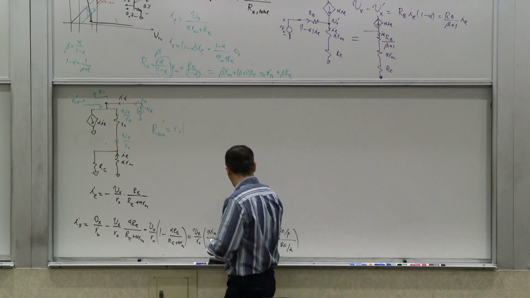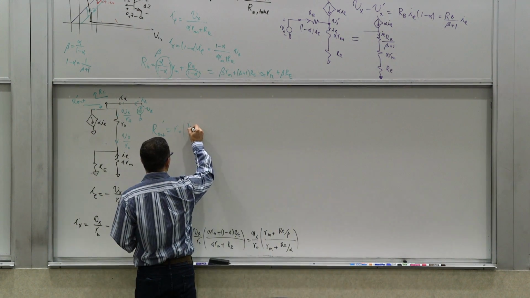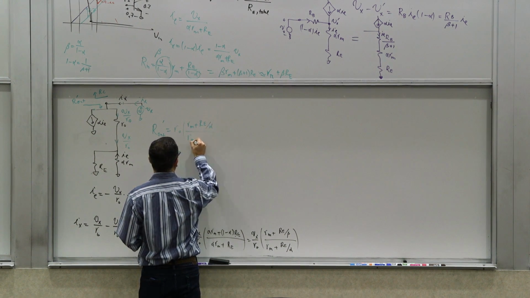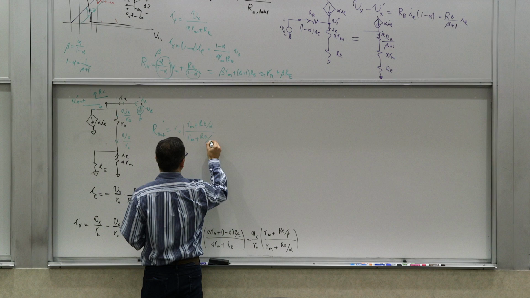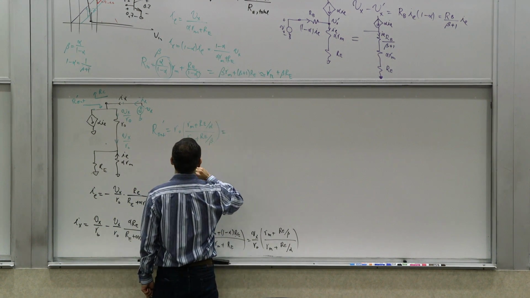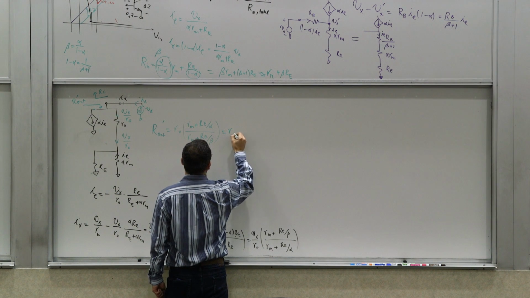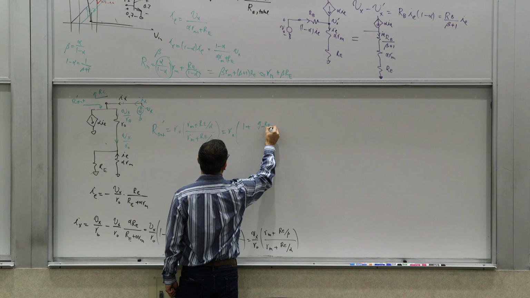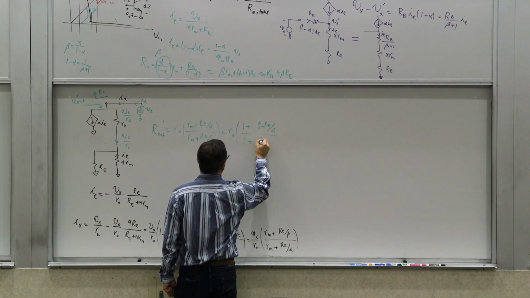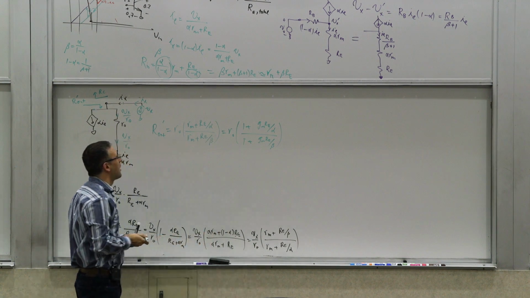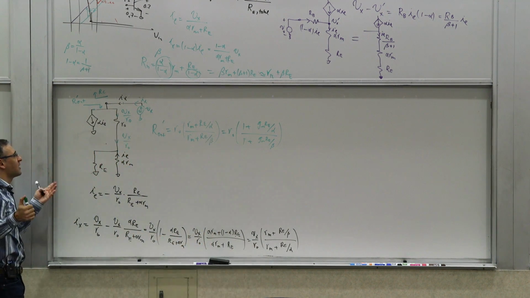So we have Rm plus Re over alpha divided by Rm plus Re over beta, which you can also write, if you multiply both numerator and denominator by Gm, as Ro times 1 plus Gm Re over alpha divided by 1 plus Gm Re over beta. Okay. All right, fine. Another equation.